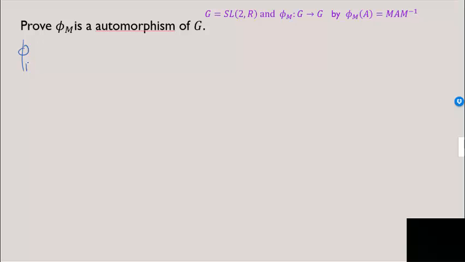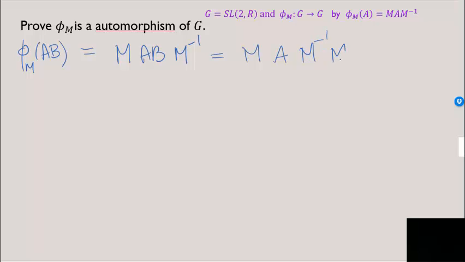Okay, so we start out with phi sub M of AB, and we hope we get phi of A, phi of B. Well, phi of a matrix multiplies on the left by M, AB, and on the right by M inverse. But that's exactly the same thing as M A M inverse M, times B M inverse, isn't it?